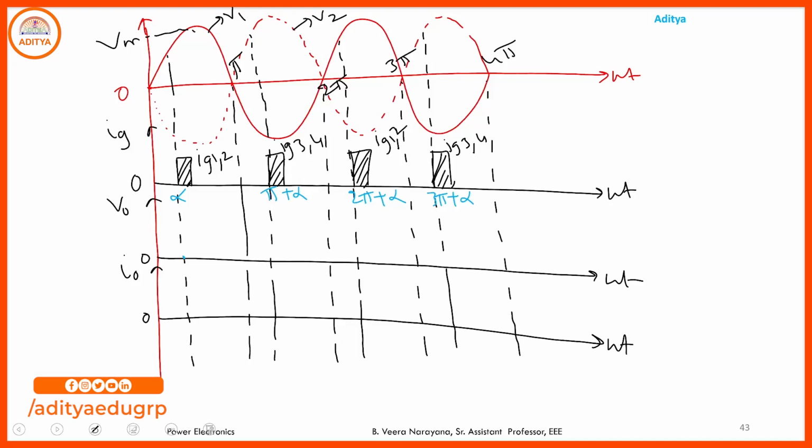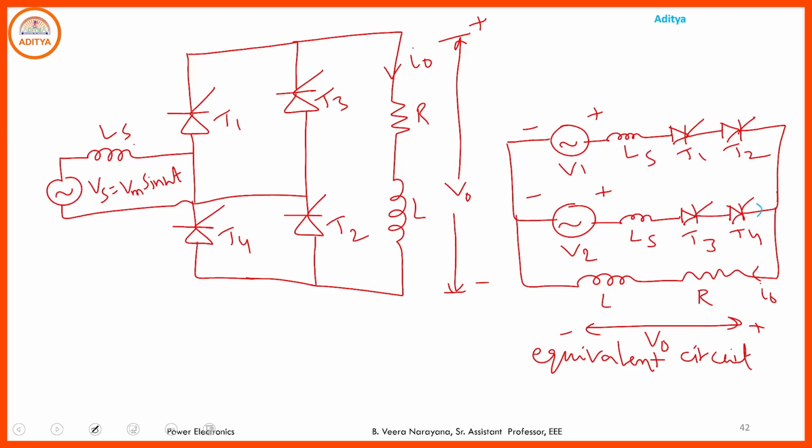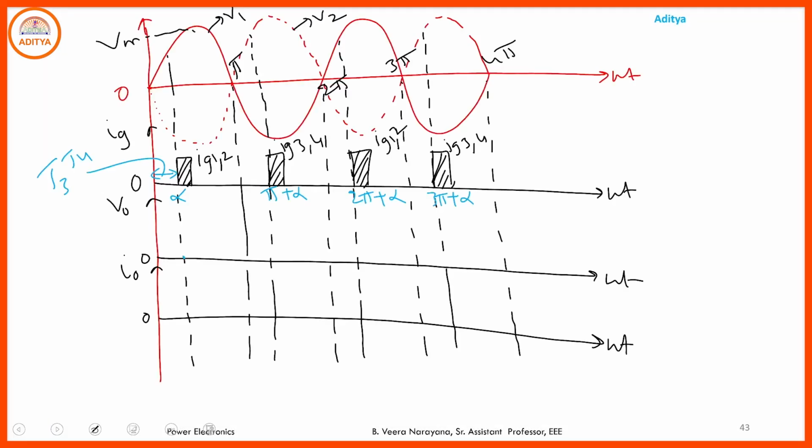Before 0 to alpha, what are the conducting SCRs? Before 0 to alpha, T3, T4 are in the on state. If T3, T4 are in the on state, consider the load current as I2, and if T1, T2 are in the on state, consider the load current as I1. So from 0 to alpha, T3, T4 are in the on state, and the output current is I2.